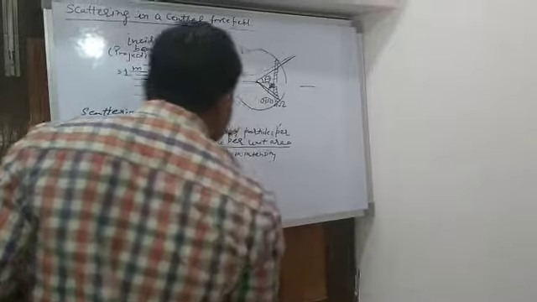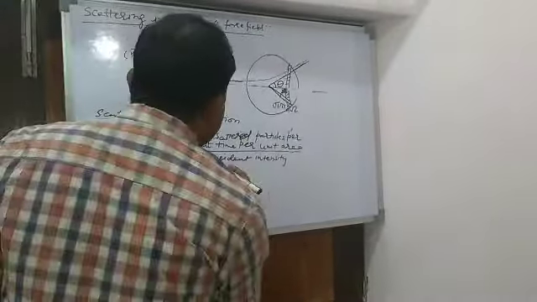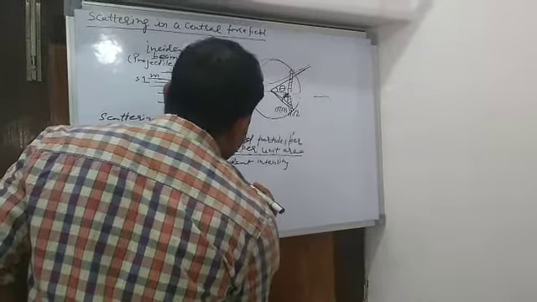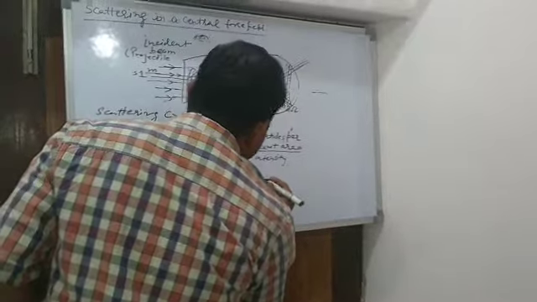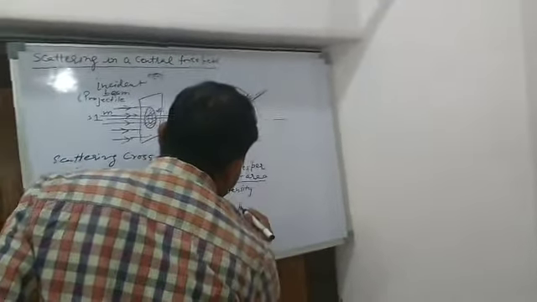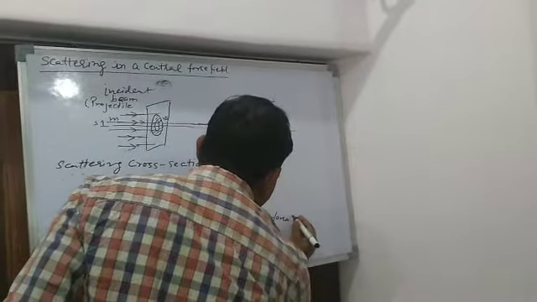Now, obviously, what is this incident intensity? The incident intensity is nothing but the number of initial particles per unit area per time.